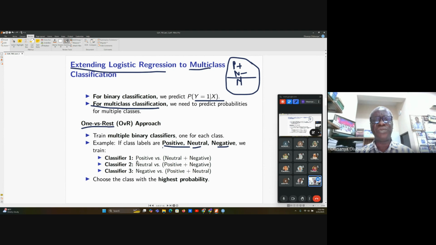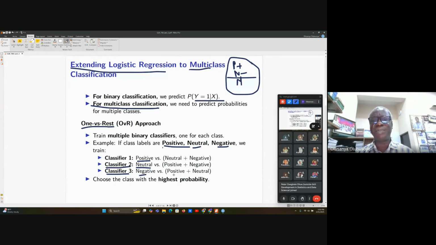The first one is positive versus the other group, neutral and negative. The second classifier will be neutral versus the positive and negative combined. And then the third classifier will be negative versus positive and neutral combined.